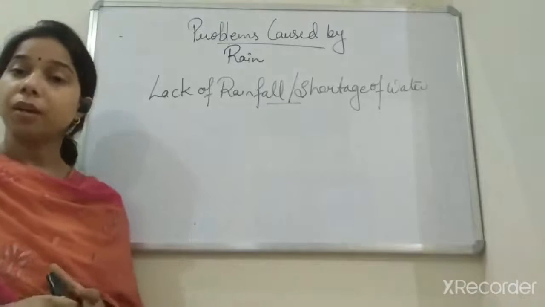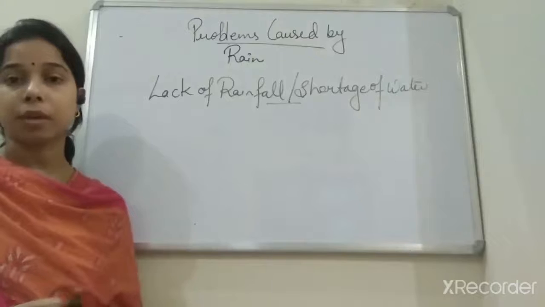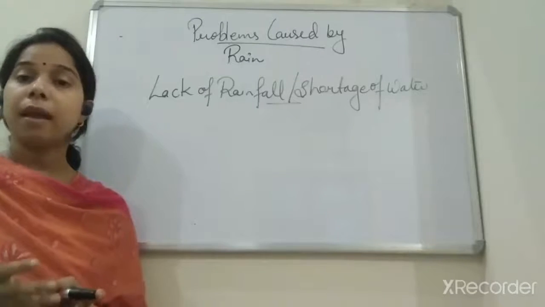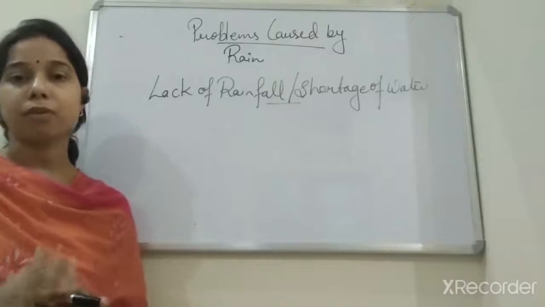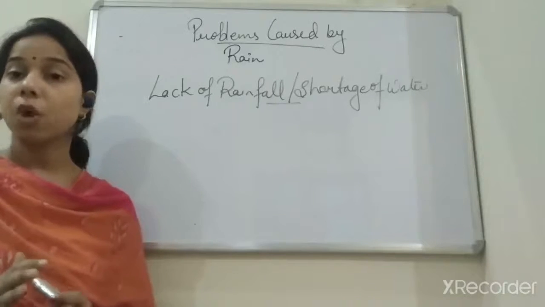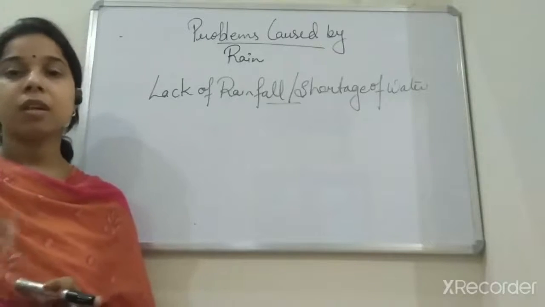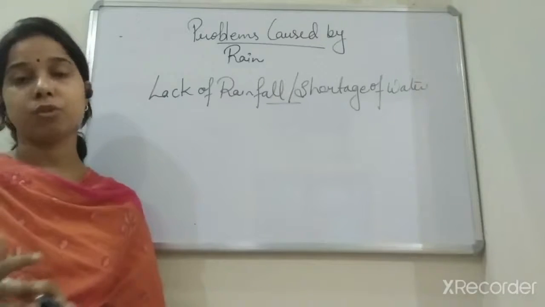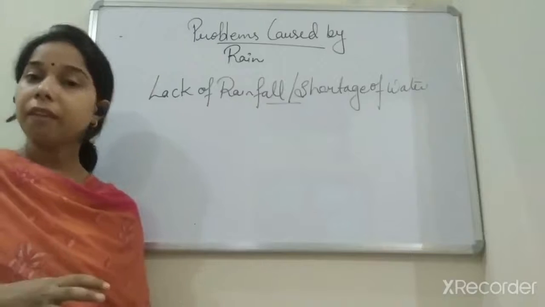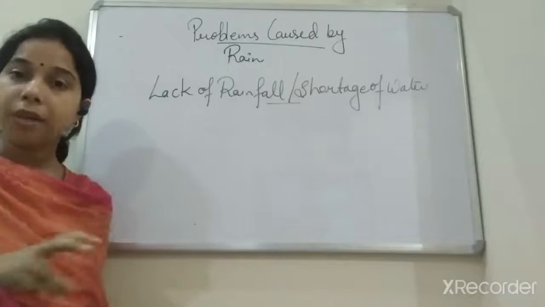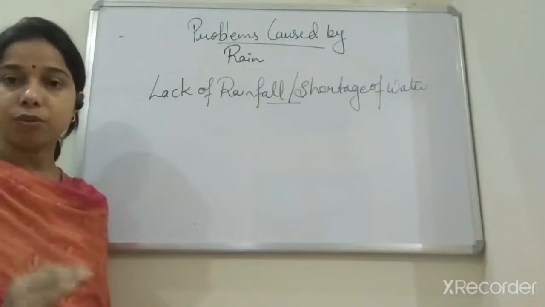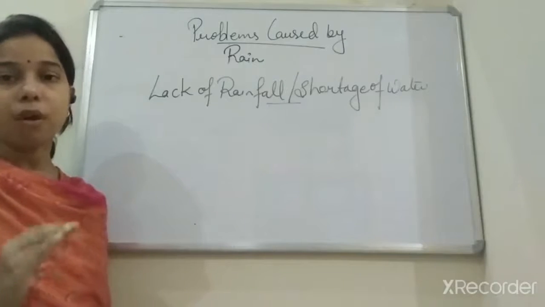When we were talking about the water cycle, students, there also we studied how rainfall helps in maintaining the level of the water surface constant. Because when evaporation occurs during very hot temperature, rainfall comes in the form of rain and fills the dried lake and other sources of water.